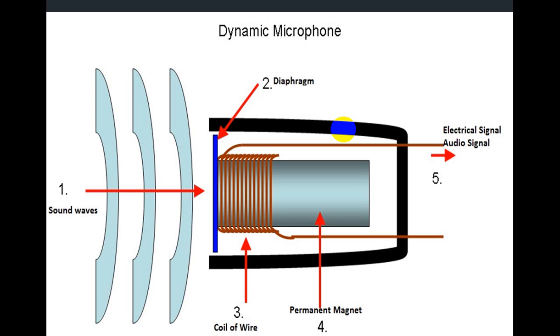This movement creates an electrical signal that has voltage that varies in a way that matches the pressure level of the sound wave that caused it. The end of the wire coil transmits the signal through the microphone cable to the audio interface or to the amplifier.